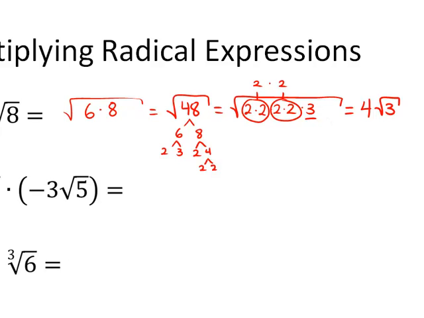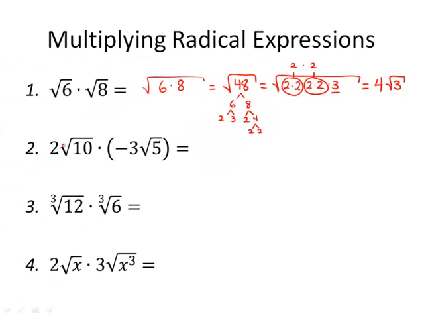Now let's look at one where we have numbers outside and we have radicals as well. Remember that if you have something written as 2 root 10, that's the same as 2 times root 10. And this is the same as negative 3 times root 5. Because multiplication is commutative, you could see this as 2 times negative 3 times root 10 times root 5.